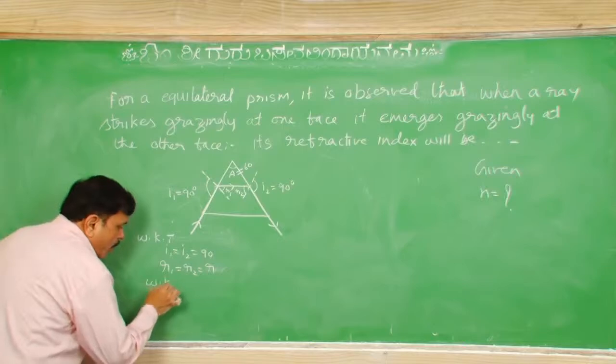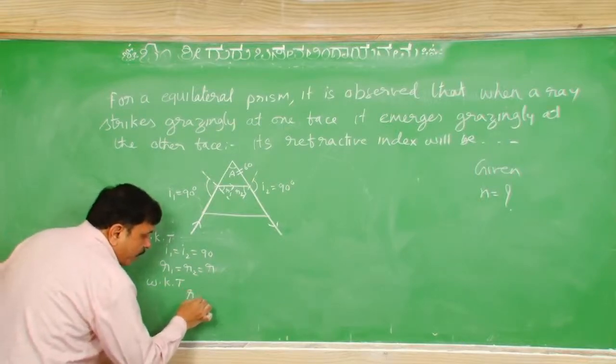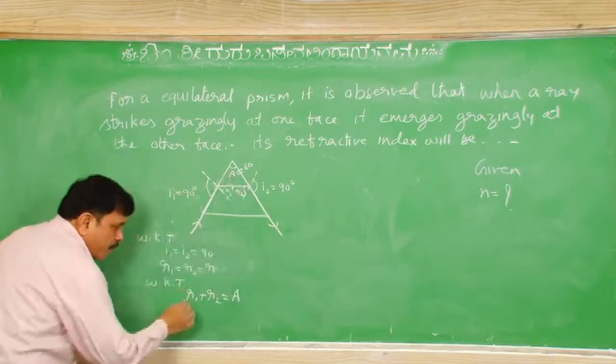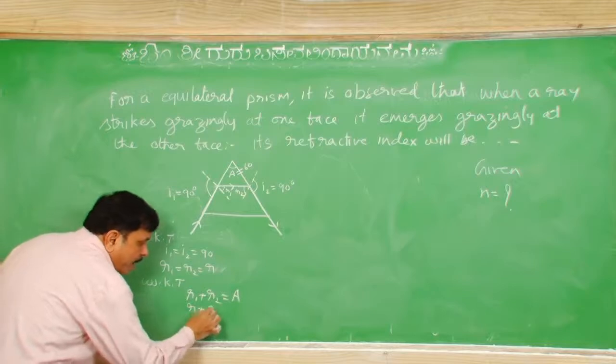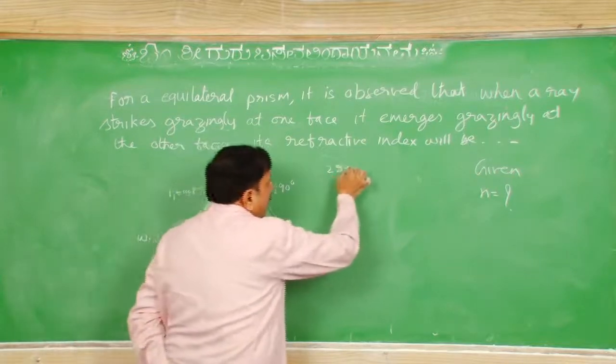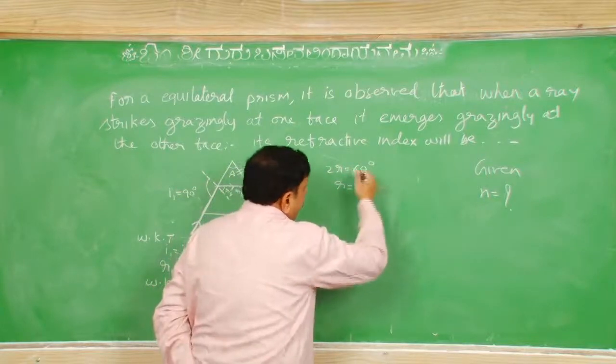We know one more thing, that A equal to R1 plus R2, the angle of the prism. So it becomes R plus R equal to 60 degree, that is 2R equal to 60 degree. So R equal to 30 degree.